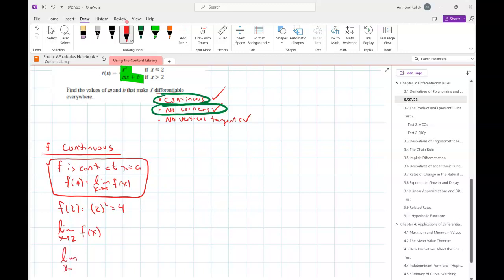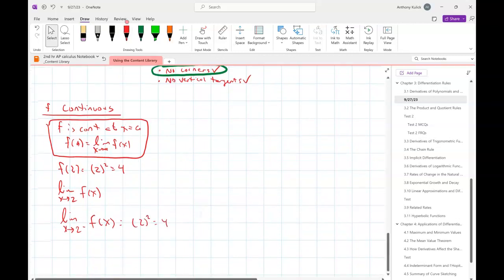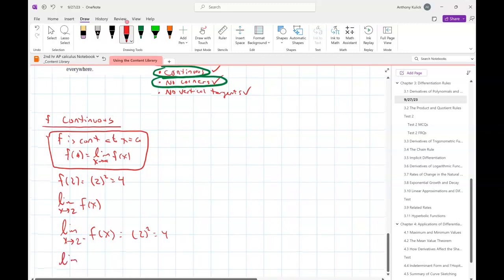I have to look at the left-hand limit, which is going to be 4. And then I have to look at the right-hand limit, which is going to be m times 2 plus b.